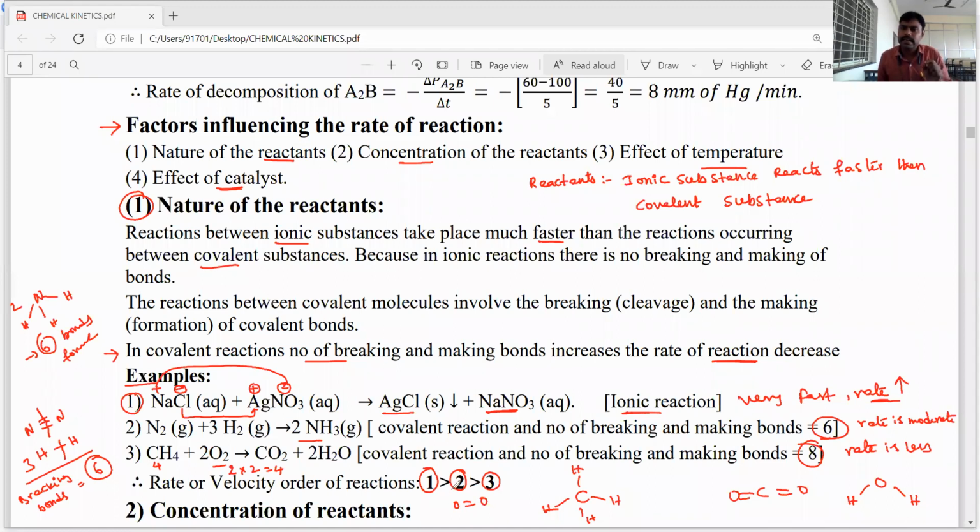So the rate order is first more than second, then third. This is about the nature of reactants, which affects the rate of the reaction.